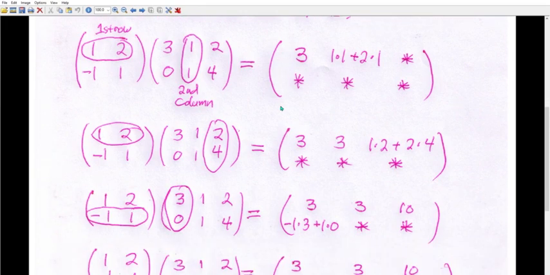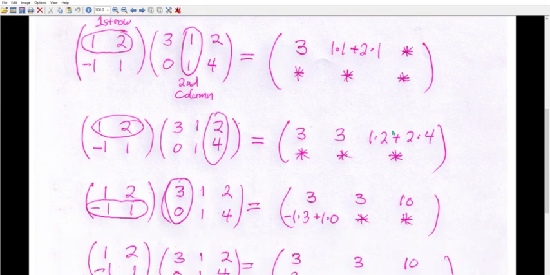Now for the 1, 3 entry here, first row, third column, you're going to get 1 times 2 plus 2 times 4, and that's this entry.